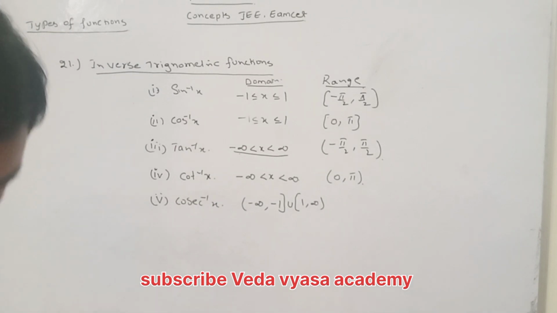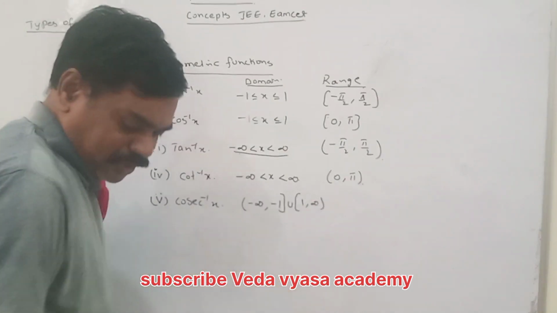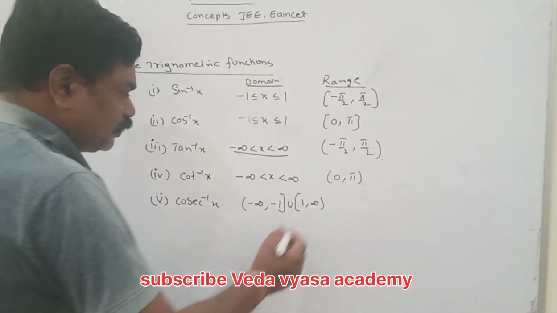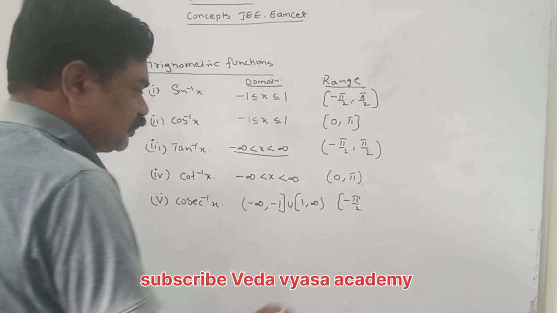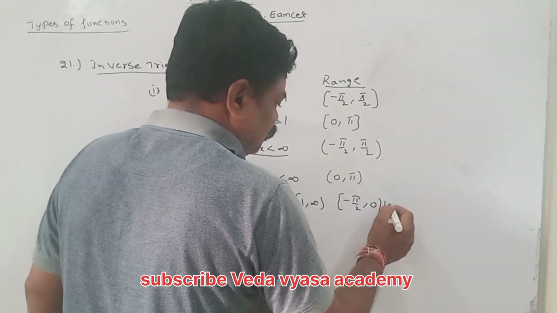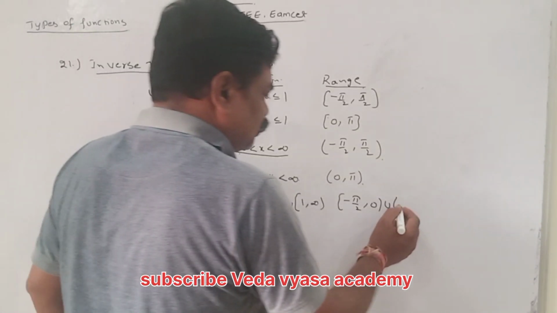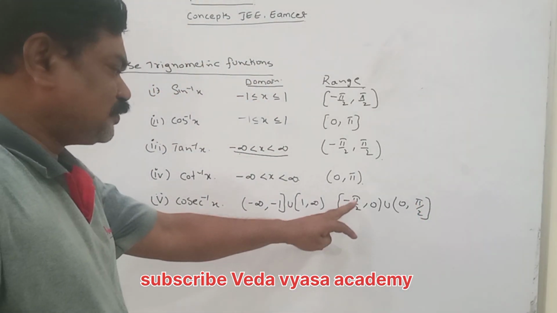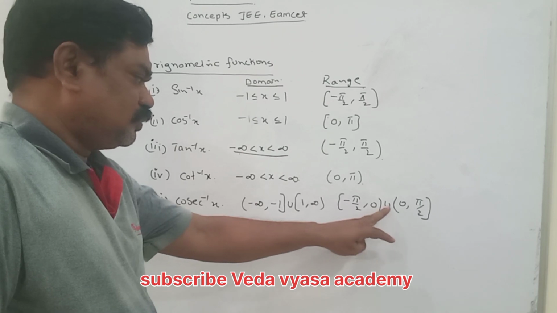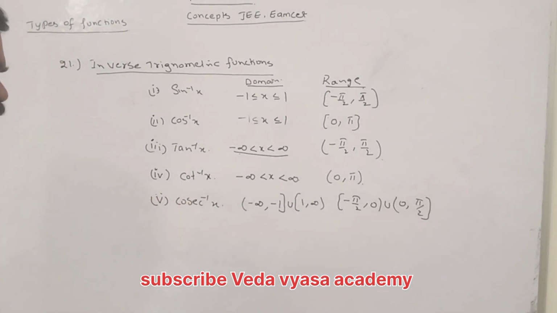And the range is closed minus pi by 2 to 0 open, union open 0 to pi by 2 closed. This is the cosecant inverse x domain and range.